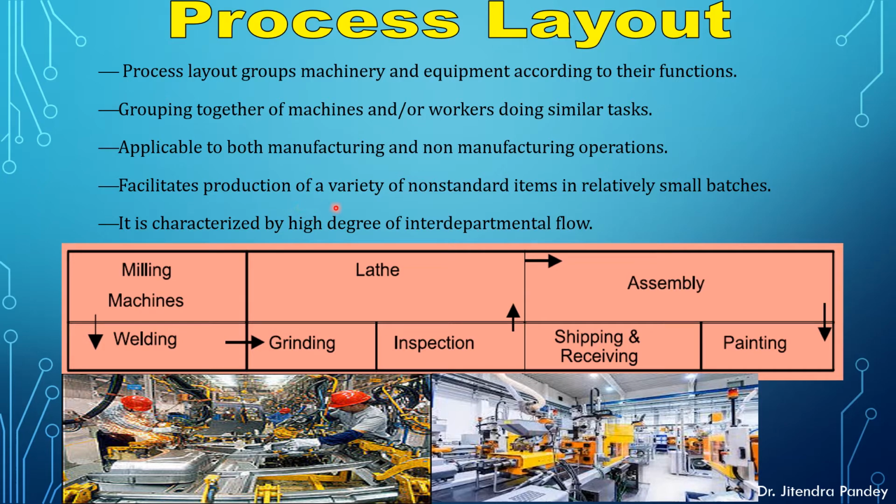It facilitates production of a variety of non-standard items. It is characterized by a high degree of interdepartmental flow because it involves many departments at the same time. Process layout is particularly useful where low volume of production is required.